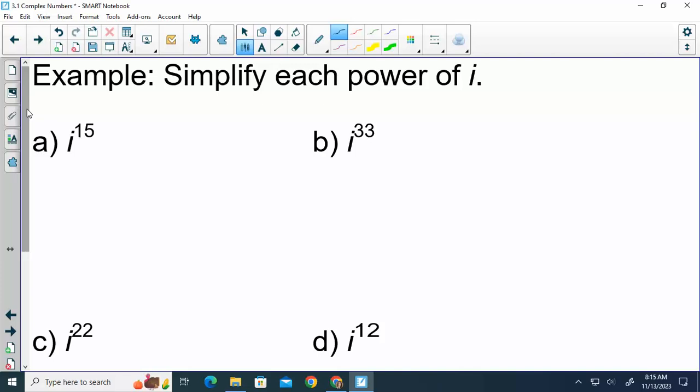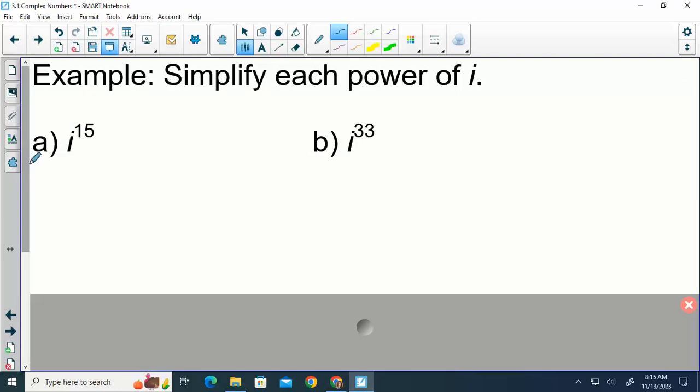So, if I look at this one, i to the 15th power. So we could try making a list and writing out 15 i's, simplifying them. Or the question is, how many groups of 2 can you make? 15 divided by 2, how many times does it go evenly? 7. 2 times 7 is 14, so we have 1 left over.